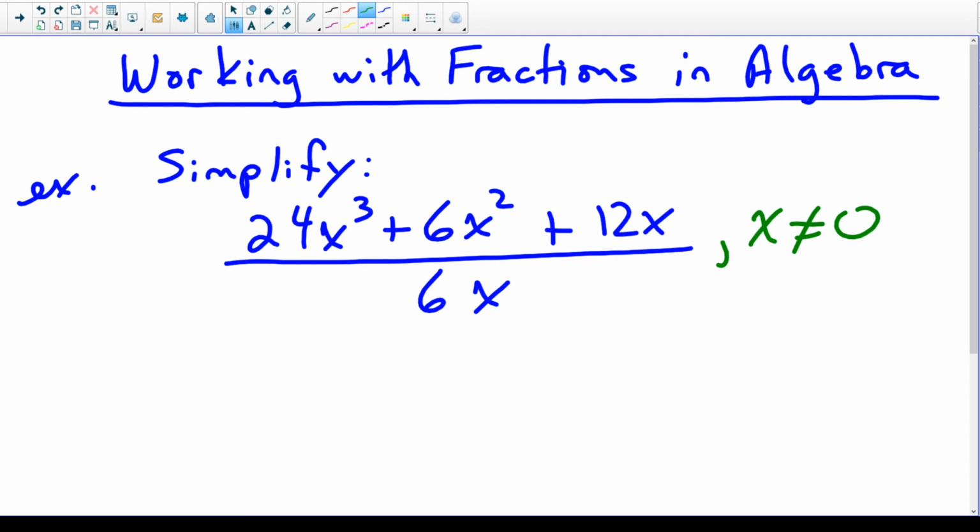Okay? And some of you can do that on the fly, and that's fine. But I want you to understand the math that's happening. We're changing an addition and subtraction scenario, addition in this case, to a multiplication scenario by factoring the numerator.